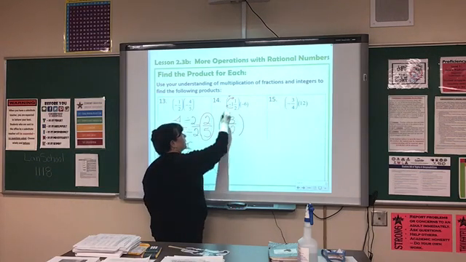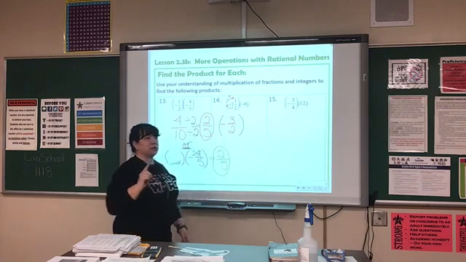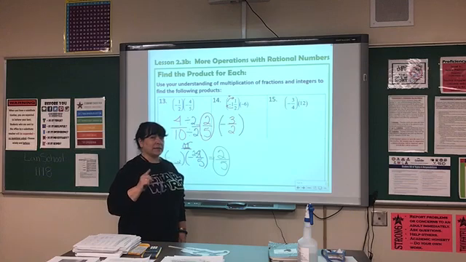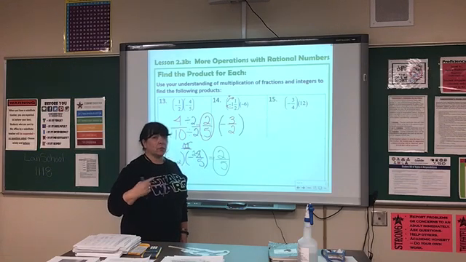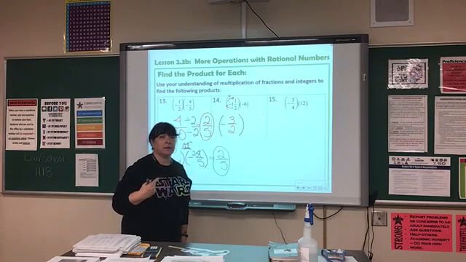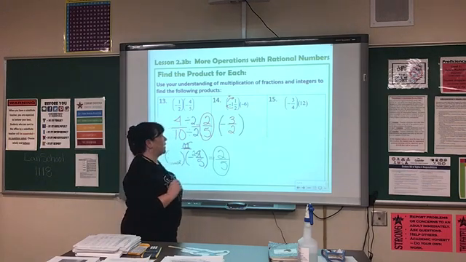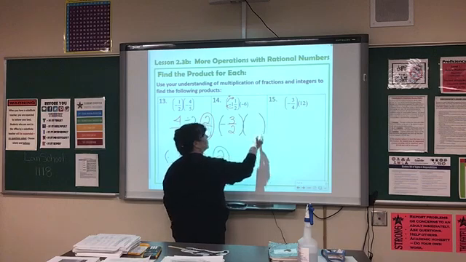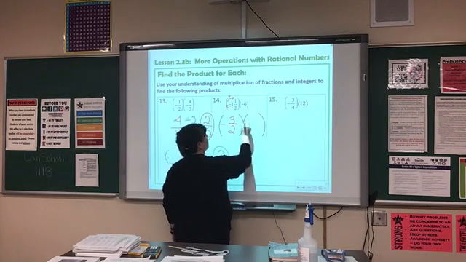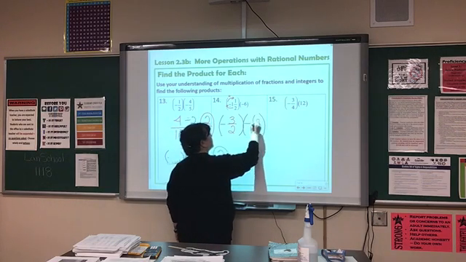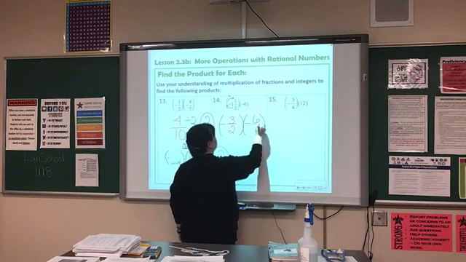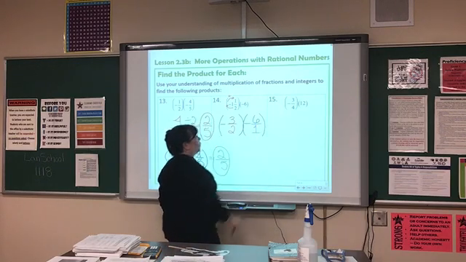But remember, they're still equivalent, so I haven't changed my sign. A negative unsimplified is a negative simplified. The other way around, a negative simplified is still a negative unsimplified. And then, oh my gosh, I've got an integer. I have -6. Remember, I need to turn it into a fraction, or its rational form. So I'm going to put it over 1.